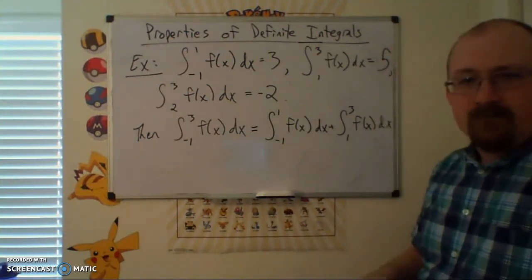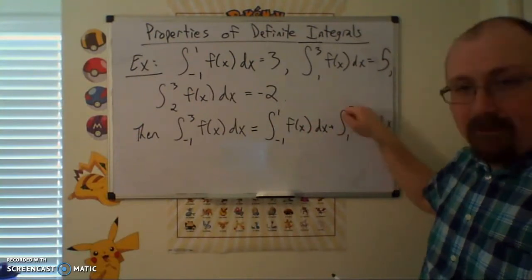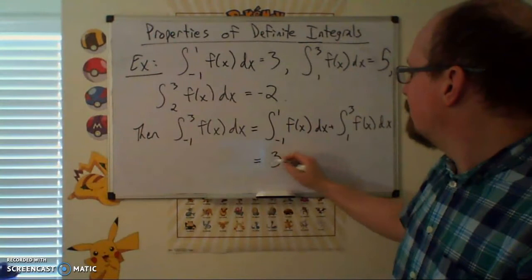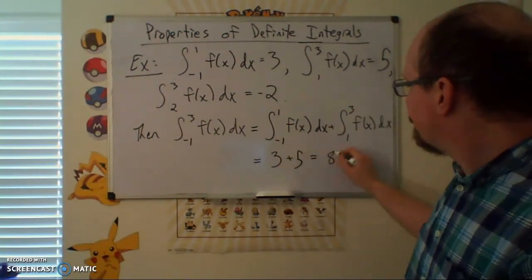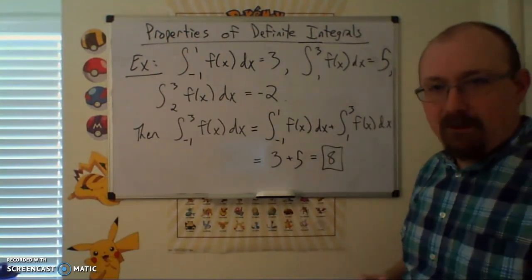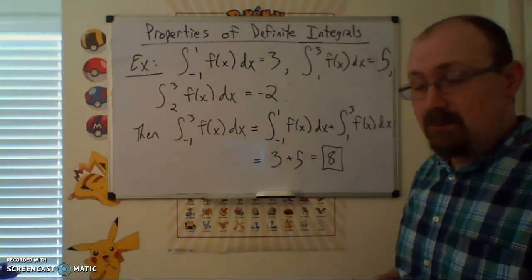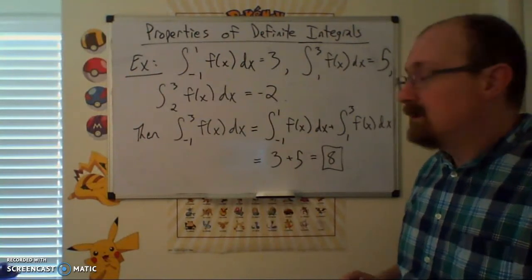I've got what's happening from -1 to 1. We know that. What's happening from 1 to 3. We know that too. So this guy had a value of 3. This guy here had a value of 5. And our overall definite integral for f of x from -1 to 3 would have a value of 8. So, phew, that could have been a lot worse if we'd had to go back to the drawing board.